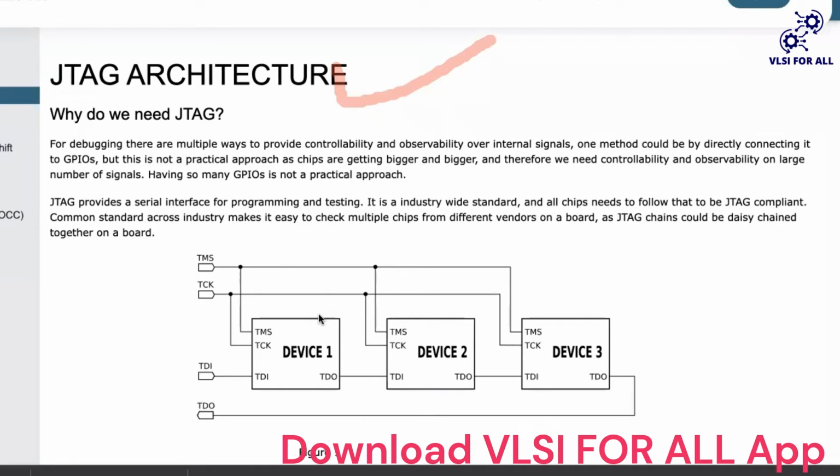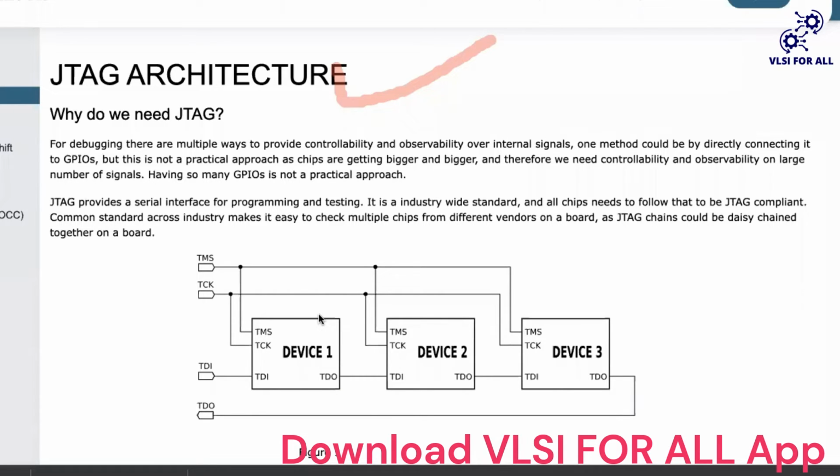Controllability and observability. Yes, that's the one. Anytime you do DFT testing, you have to make sure that you get controllability of the signal and observability of the signal. By controllability, I mean you should be able to control that signal. Whenever you have to write some test, you should be able to drive some value to it.